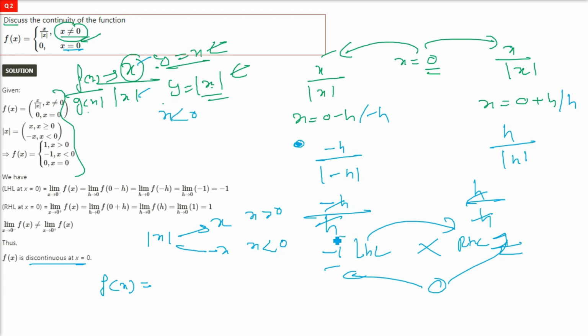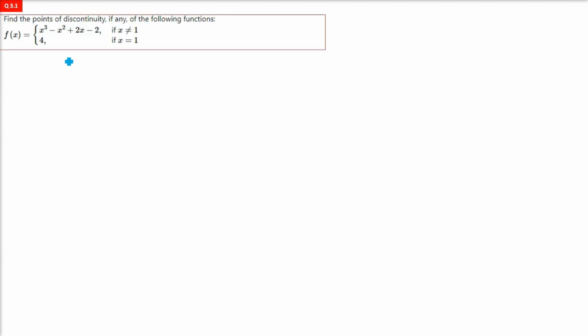At x equals 0, it is equal to 0. That also we have shown, right? So this is how you can write to make the answer or your solution more effective. This is how we do the things. Okay. So this is one of the types of question, and there are questions coming which are of the same type. That is, we have multiple question of this 3.1, 3.2, etc.